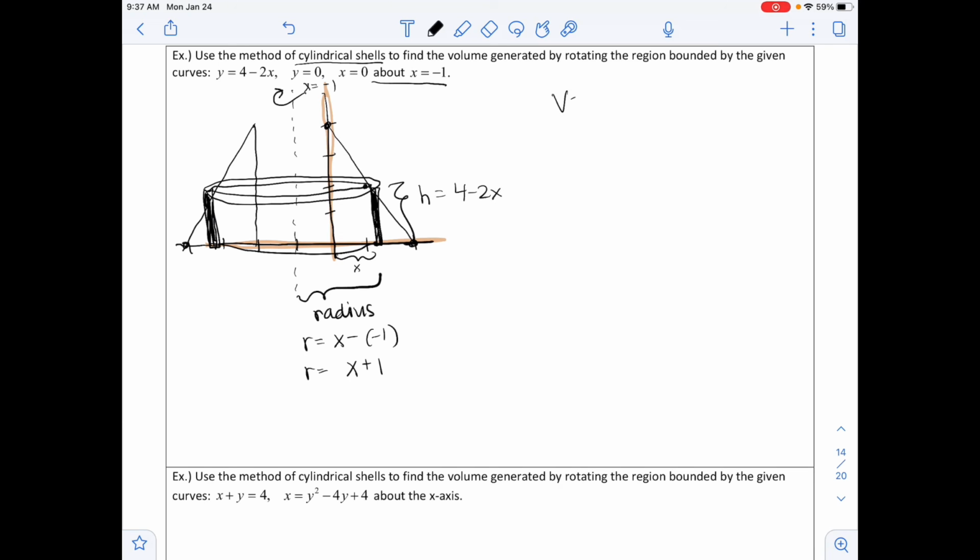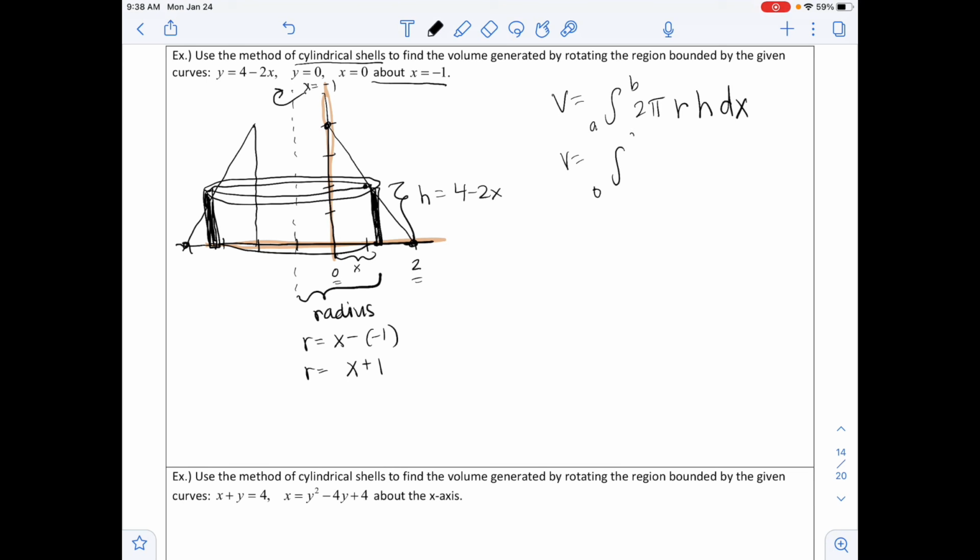And so in order to write down our volume, our formula is going to be the integral from a to b of 2 pi r h dx. And so our volume is going to be the integral from, and we are integrating, our function is just going from 0 out to 2.